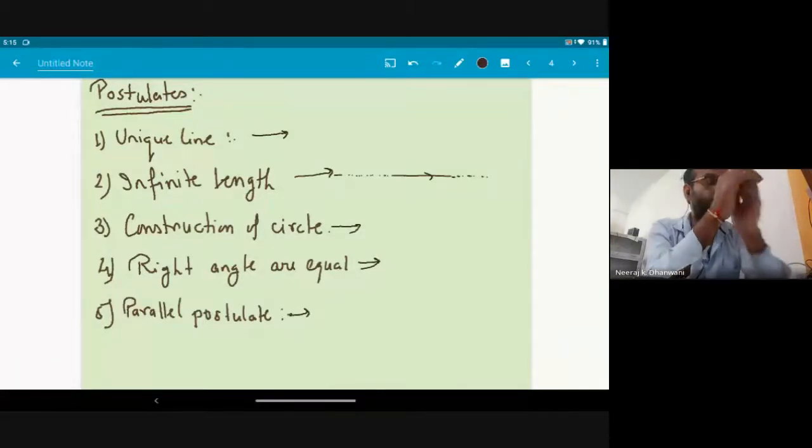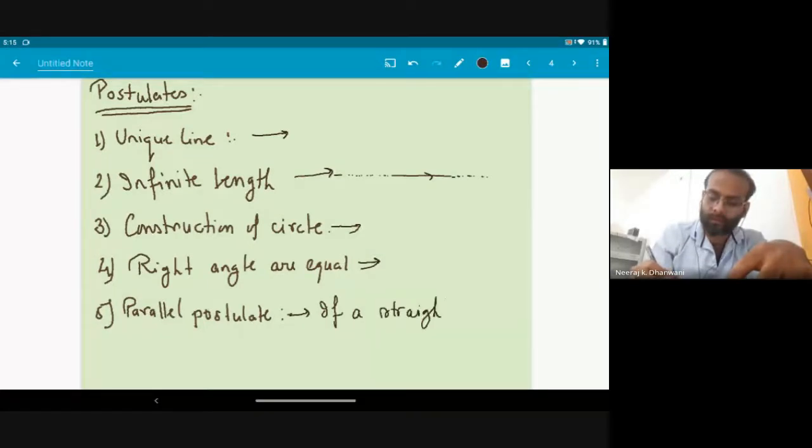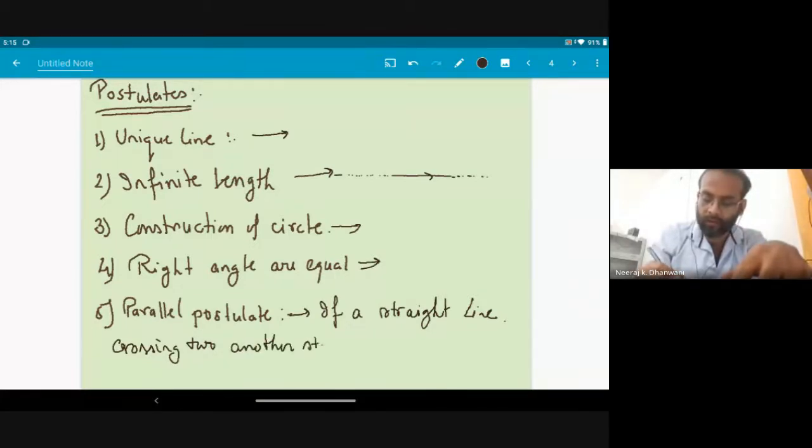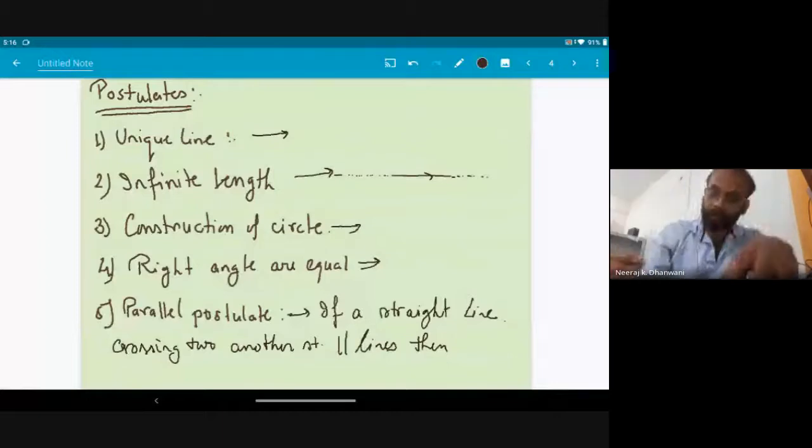What was his meaning of the parallel postulate? It was this: if you have a straight line crossing two other straight lines, then the sum of the angles... sorry, they're not parallel lines, that is the consequence of that.